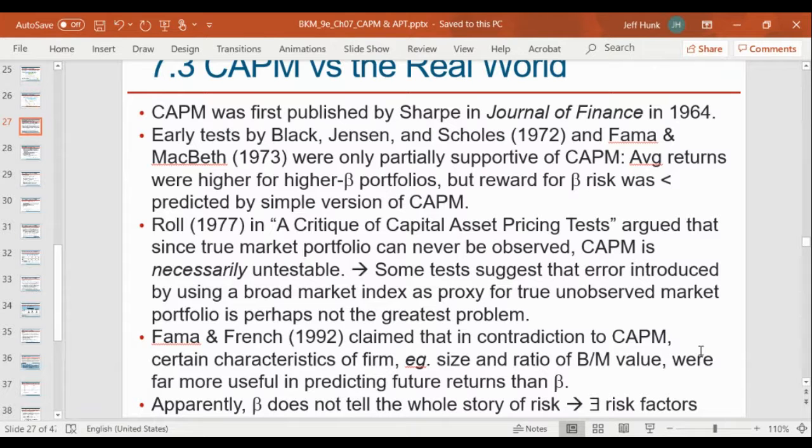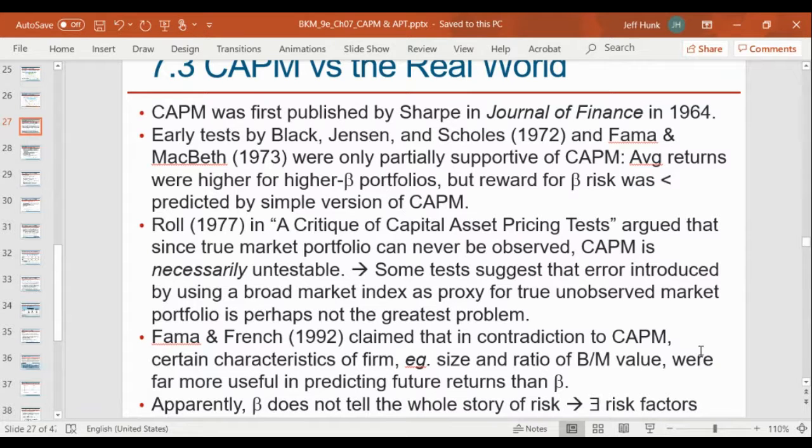So over the years, were there critiques of CAPM? Yes, there have been critiques of CAPM.